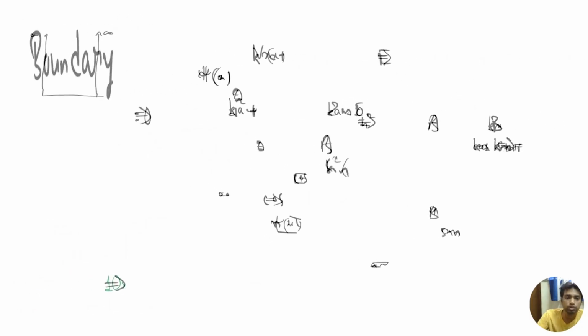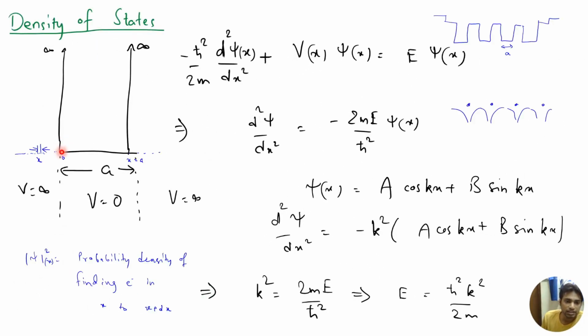So what would be the boundary condition? We have discussed that at this point the wave function is 0, and along this line the wave function is 0 all the way up to here. So at these two boundaries, at x equal to 0 and x equal to a, the wave function has to vanish to satisfy the boundary condition, and psi of x has to be continuous, it cannot be a discontinuous function.